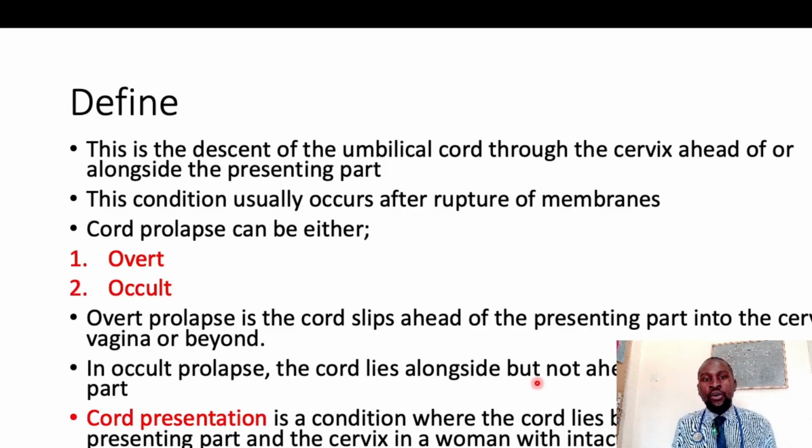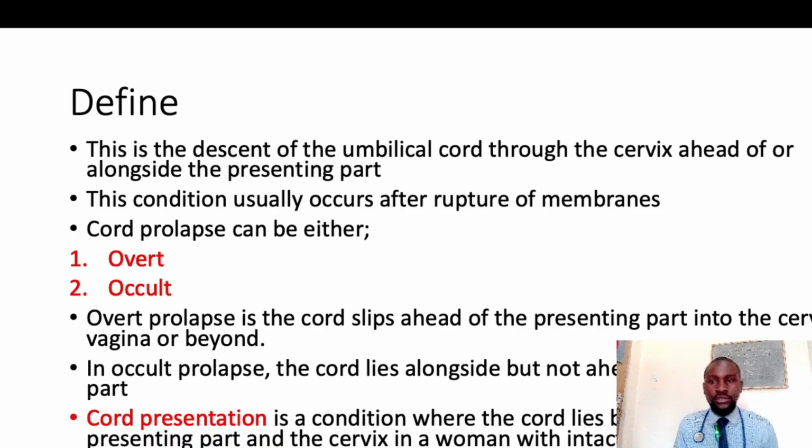Then we have what we call cord presentation, which is also known as funic presentation. This is a condition where the cord lies between the presenting part and the cervix in a woman with intact membranes. The membranes have not ruptured yet, and between the presenting part and the cervix you have the cord there, meaning the cord is the closest part to the cervix.